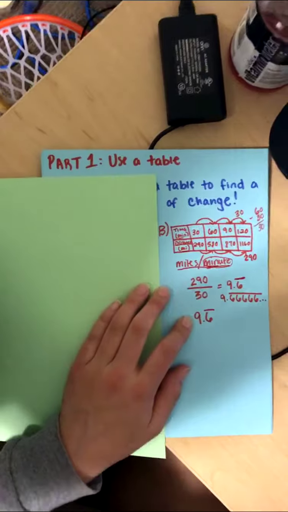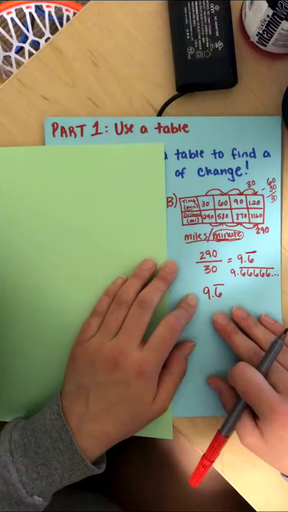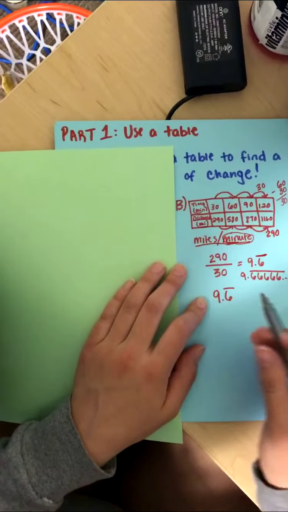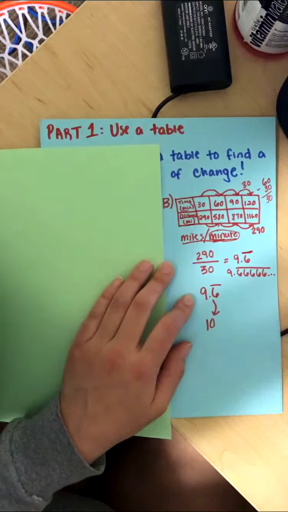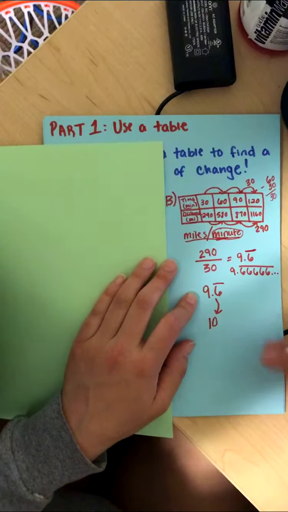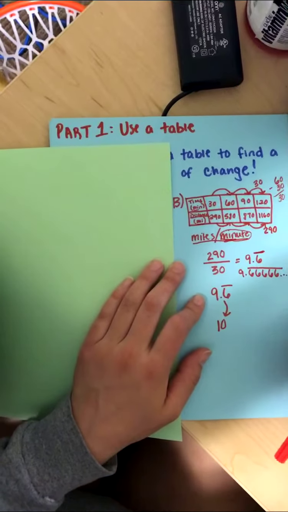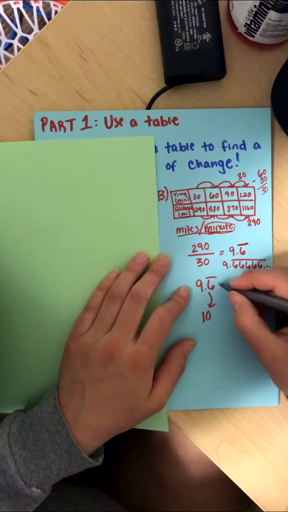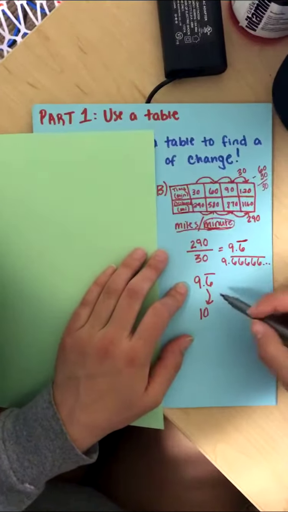So now that we have our 9.6 repeated as our approximate constant rate of change in miles per minute, we have to remember to always label our answers. And depending on who you're answering this for, they may have you round this to 10 for a better approximation if they want a whole number. So either answer is correct, but it just depends on what the standards of your teacher is. When we label either of these, we want to do our abbreviations as we had up top.